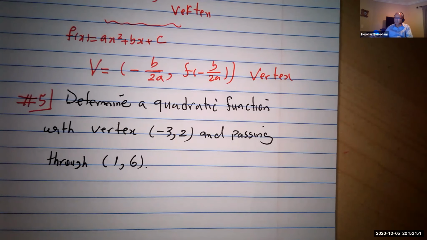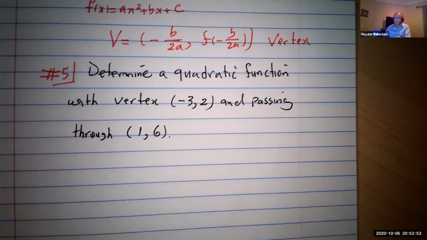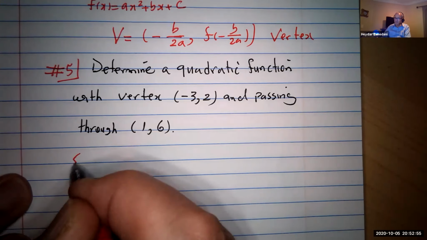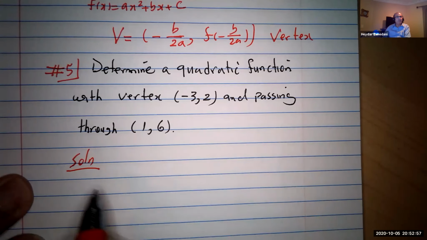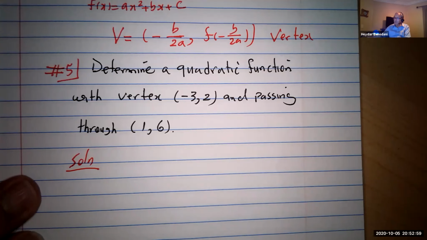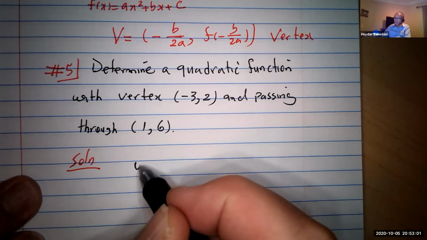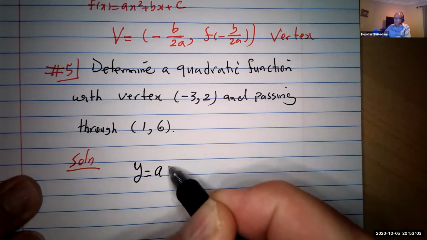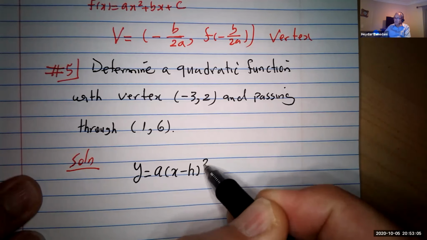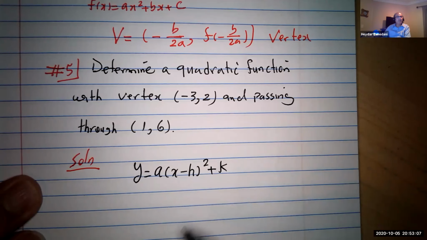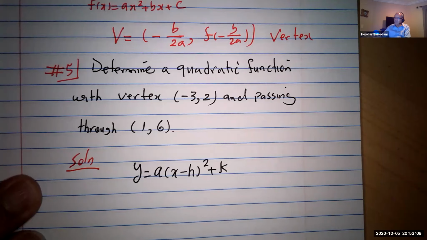So for this special problem, this is what you are going to do. Solution. You remind yourself that this is the formula: a times (x minus h) squared plus k. Then you go back and you check. Make sure you get these numbers correct.